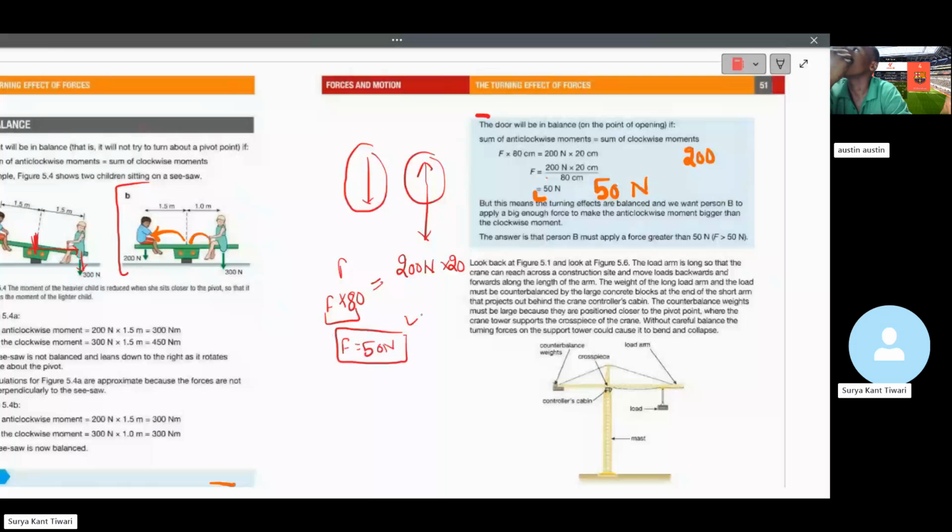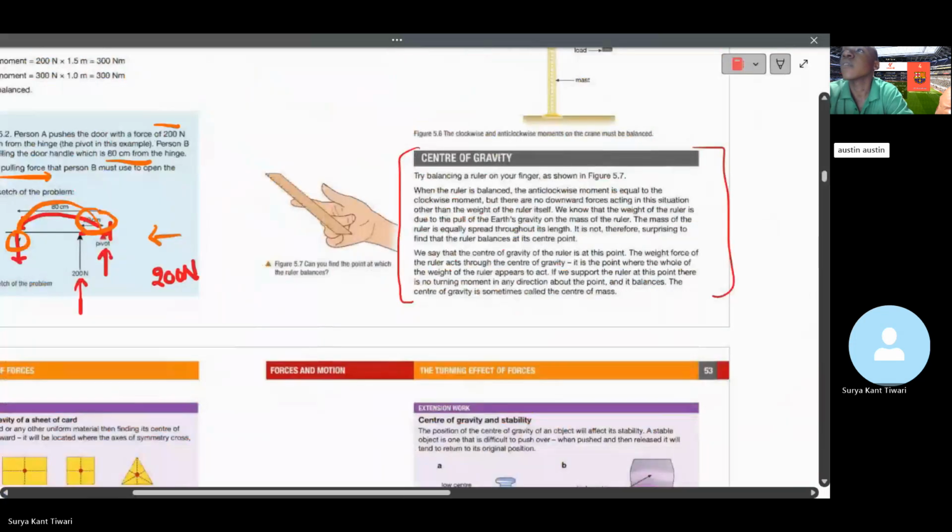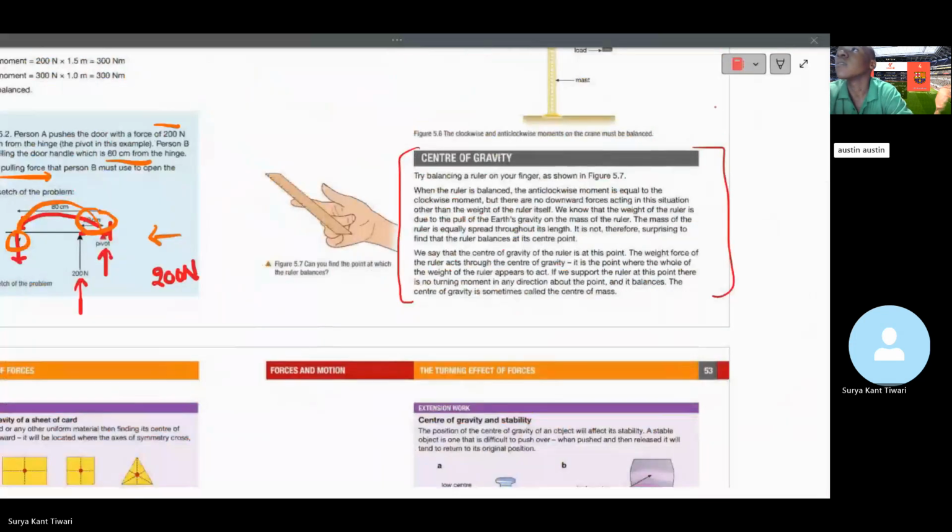And after that, what is center of gravity? Can you read this? Try balancing a ruler on your finger, as shown in figure 5.7.